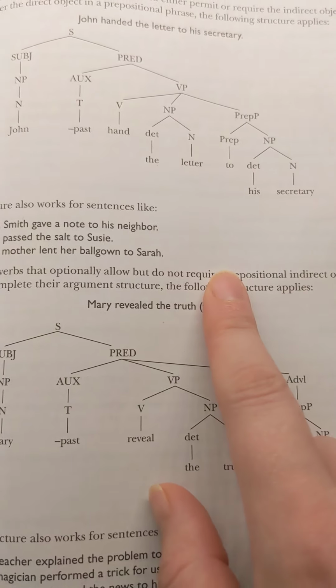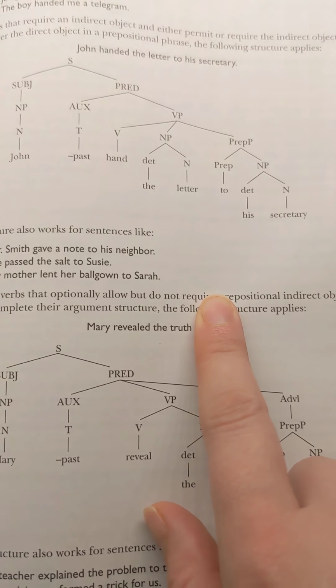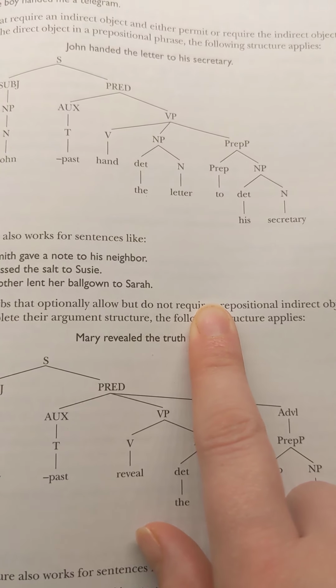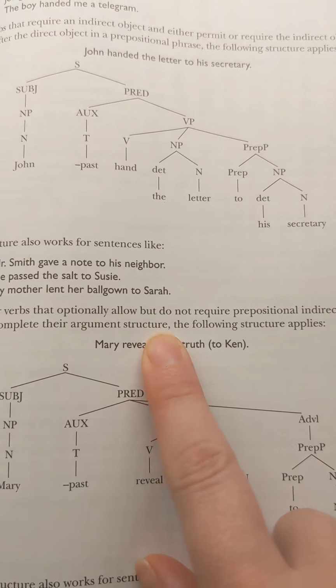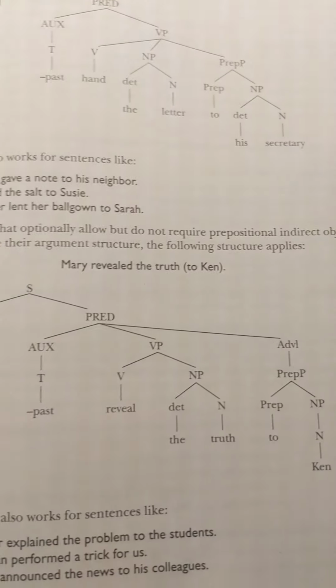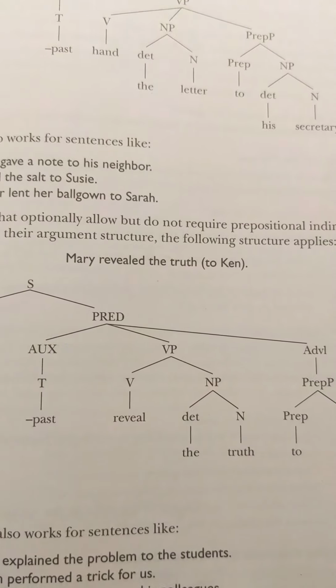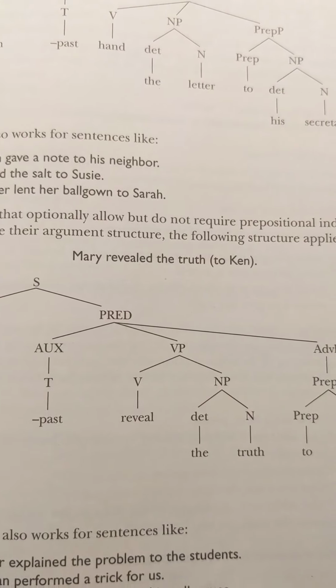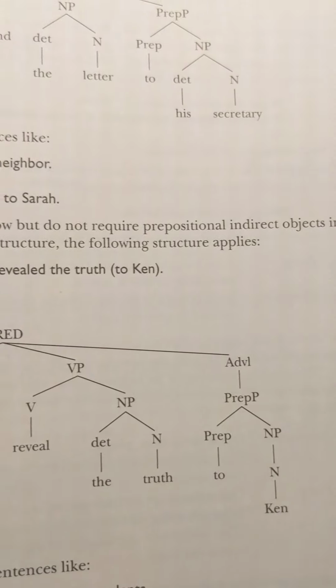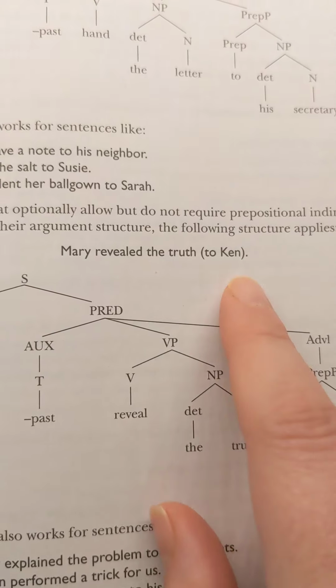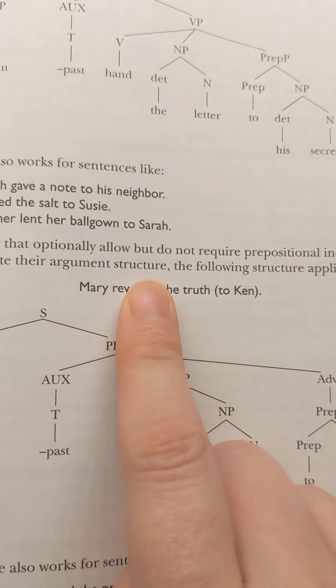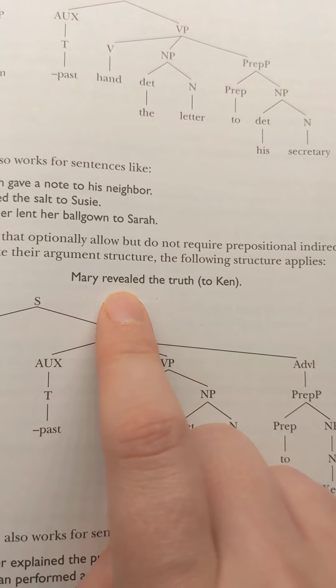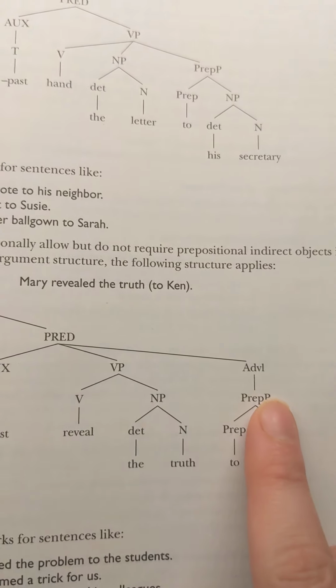There's no indirect object that is inherently implied for revealed. I hope that makes sense. It took me a minute to kind of digest that. So because to Ken is not necessary, it is not inextricably tied to revealed. It's added information. It's an adverbial.